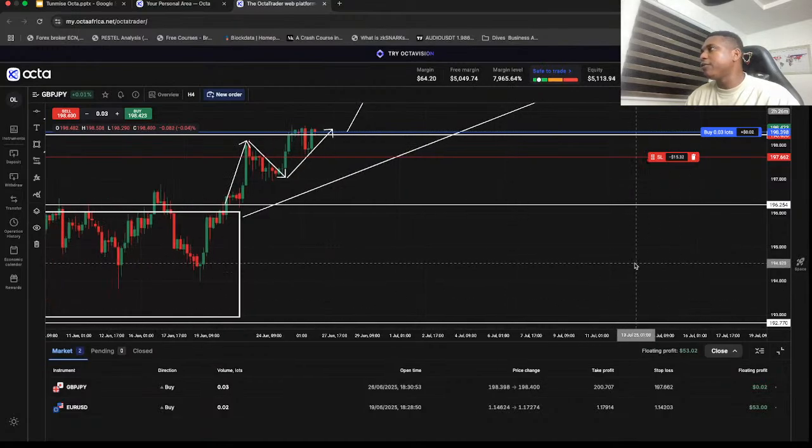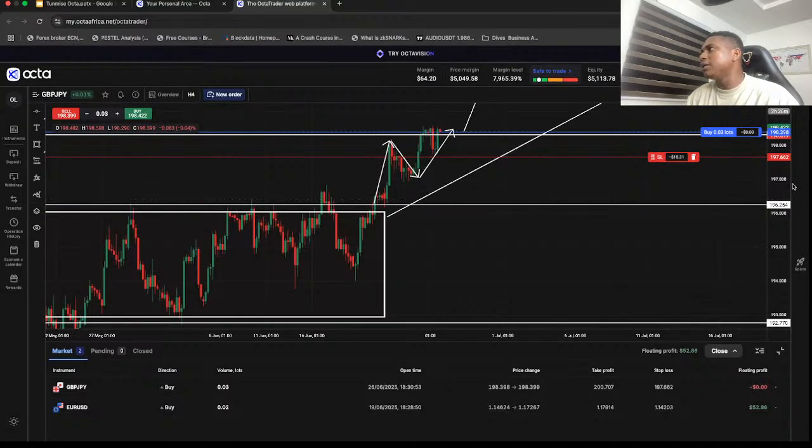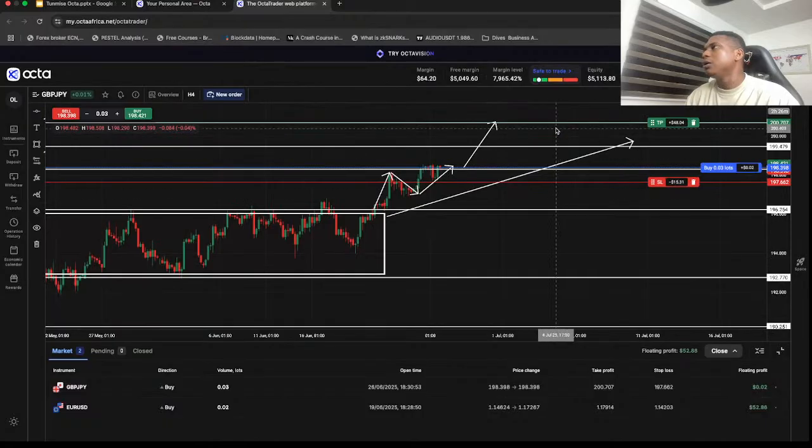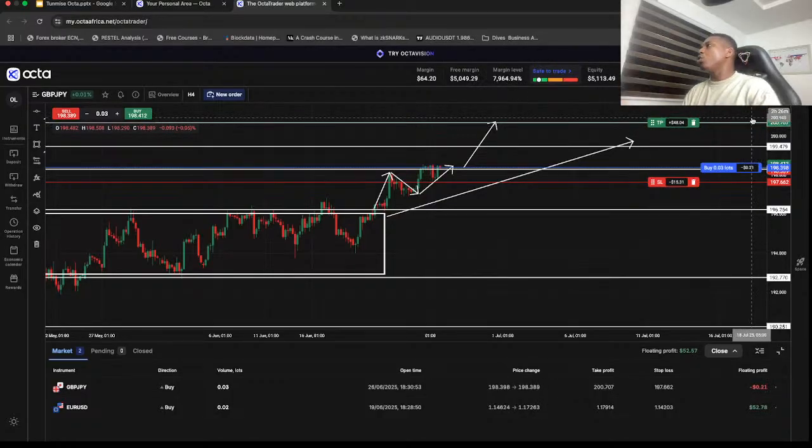Okay, for the take profit level, we looked at the 200.707 price level. So our take profit is on 200.707.